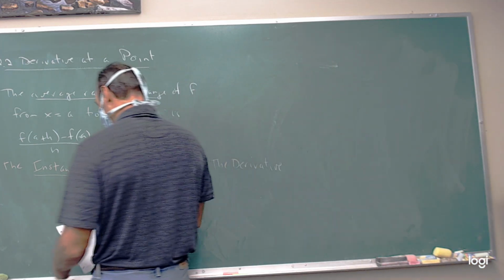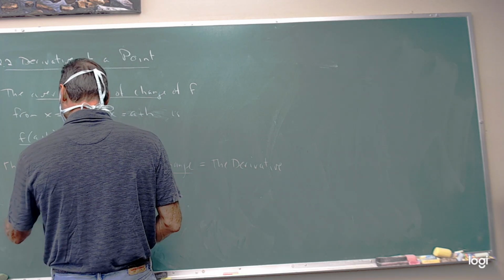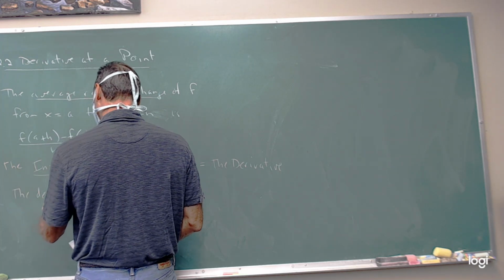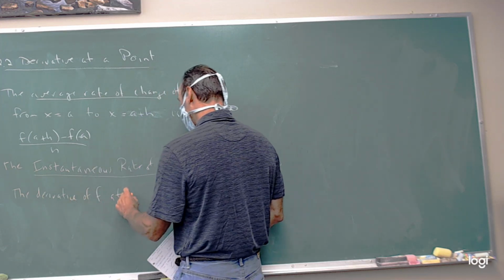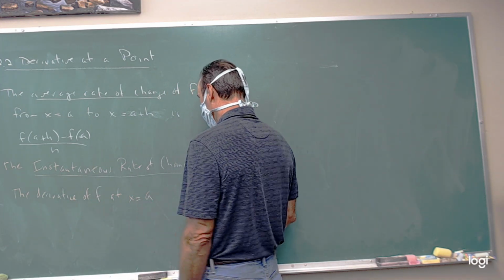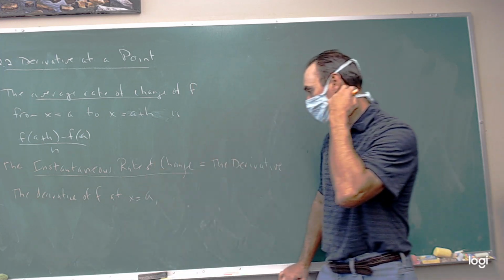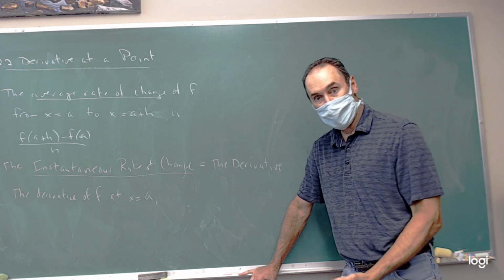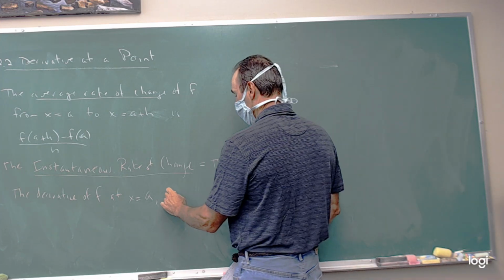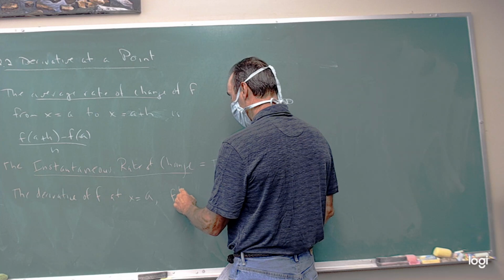So we say that the derivative of f at x equals a, and here is the beginning of many different symbolic representations of this notation, we will write as f prime of a.